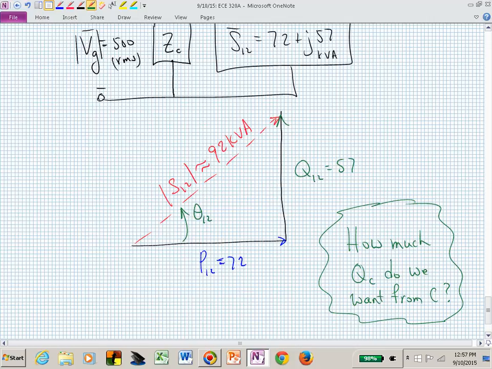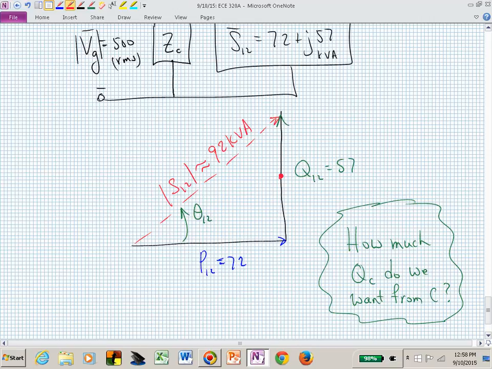And somebody might say, you know what, we have an angle. What was that angle? Did I say it was 38? Is my memory okay? 38 degrees. Maybe somebody says, let's get it down to 20 degrees. Then you would be saying, I want to end up, after I introduce that capacitor, right there with the head of my hypotenuse, which means that I now need to move the tip of Q12 from 57 down some fraction to make that overall angle 20 degrees.